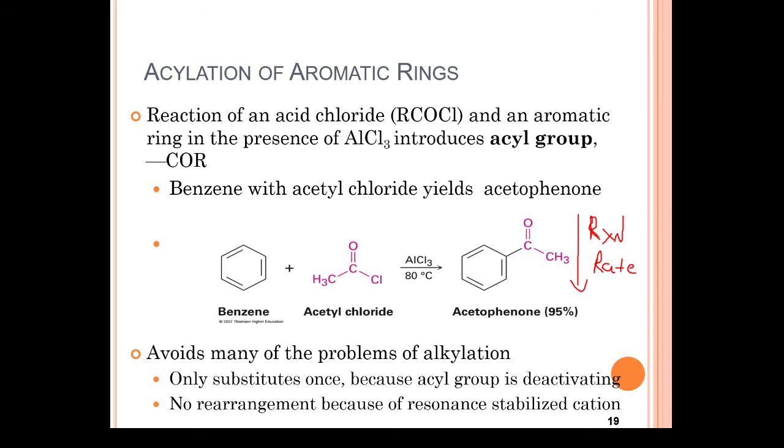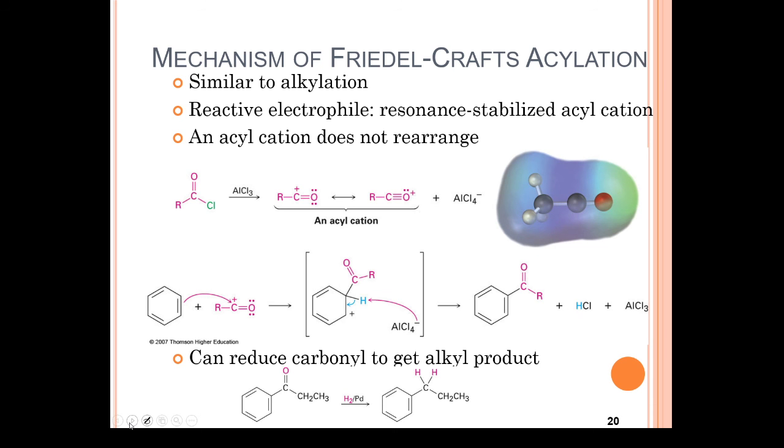But what if I don't want the carbonyl carbon? What if I just want a carbon chain? Well, then you could reduce the oxygen using hydrogen in the presence of platinum or palladium to add your hydrogens and reduce it. And that's what this is showing right here.